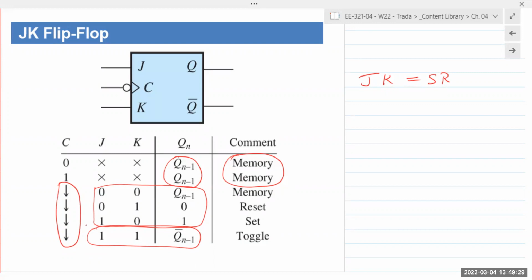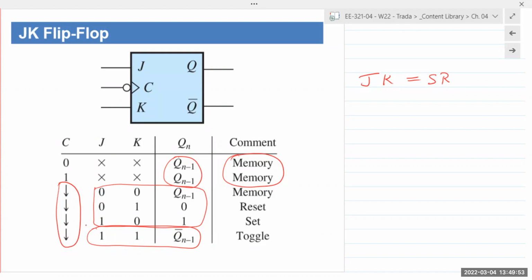If your output was previously 0, now it becomes 1. And if it was 1, now it becomes 0. And so it becomes what is known as a T flip-flop, toggle flip-flop. As a separate slide, I don't have that, but that's what a T flip-flop does.